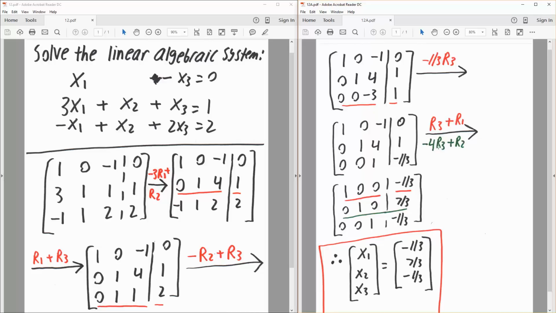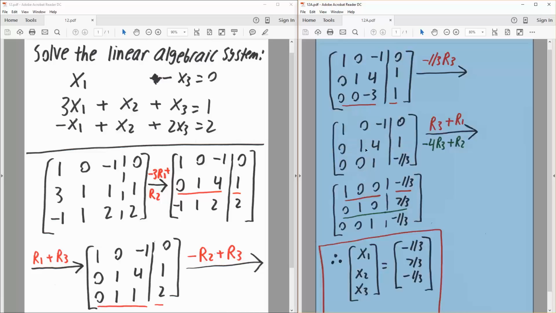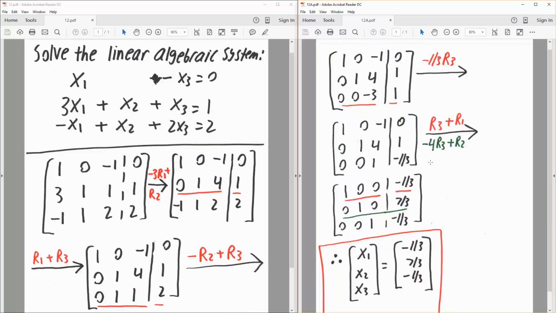And now we'll do the next thing. So minus 4R3 plus R2 to only manipulate R2, just the second line. And so if we say minus 4R3, minus 4 of this, plus R2, the one we're going to change.